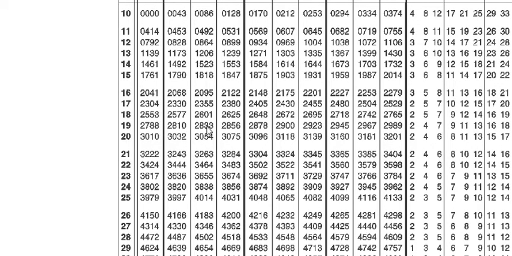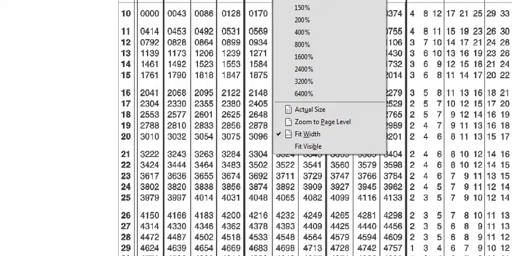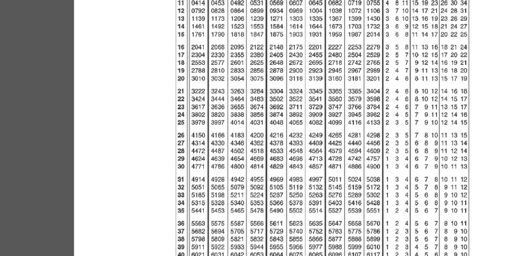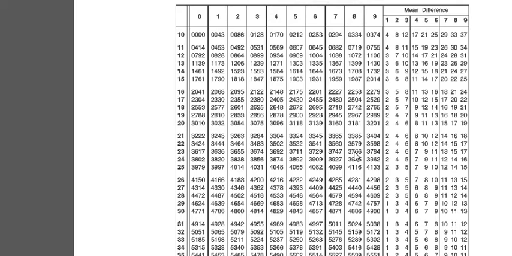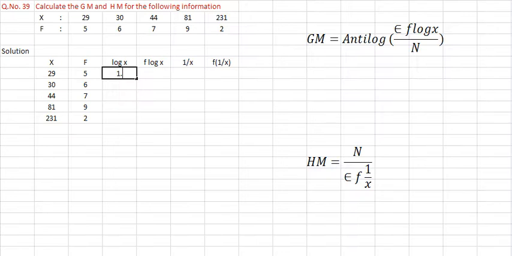For 29, this area is the 0 column. Next number is not there, so it is 0 by default. For 29, 0, I have to check 4624, so it is 1.4624.